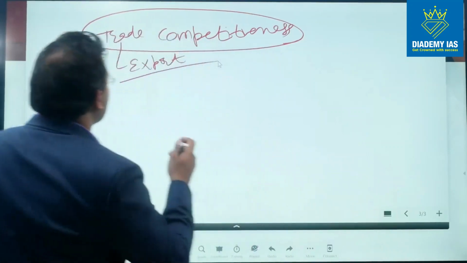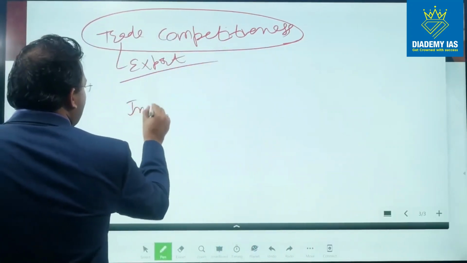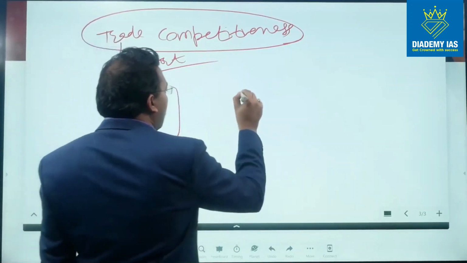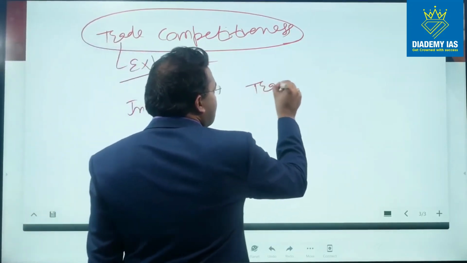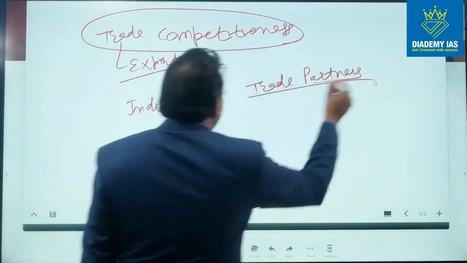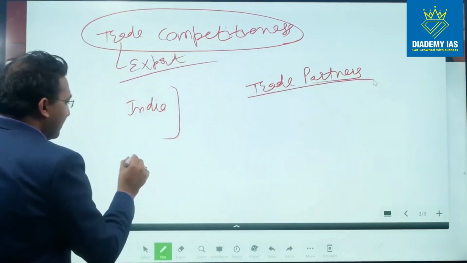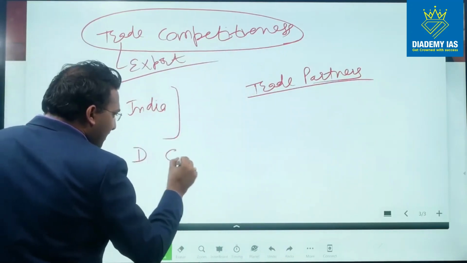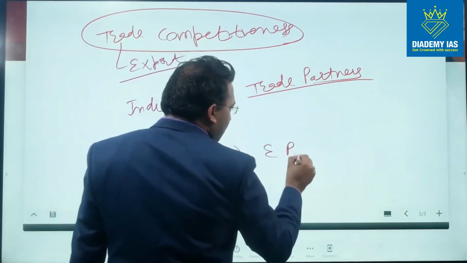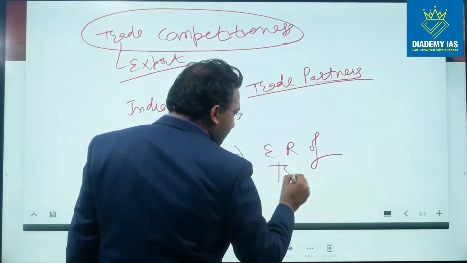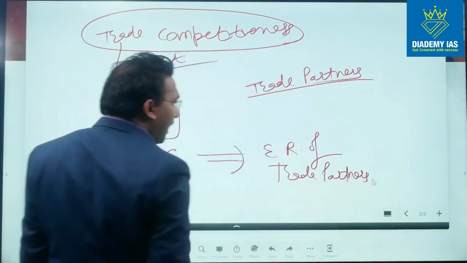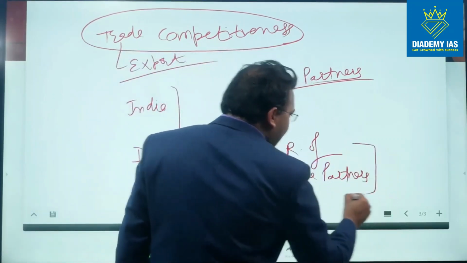So if India wants to compare its export competitiveness with its trade partners, then it will check the relationship between the domestic currency exchange rate and the exchange rate of trade partners.